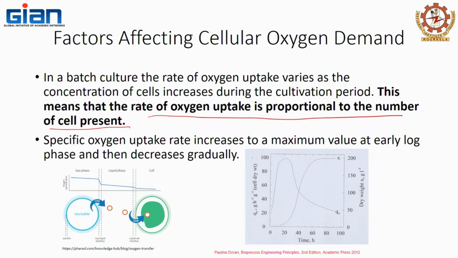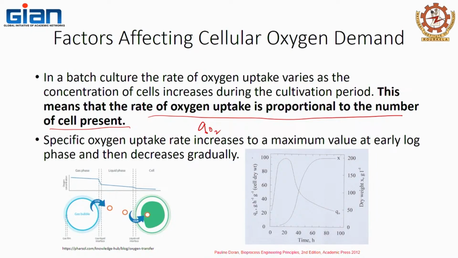So, as you are growing, the bulk of the cell mass keeps on increasing, and your oxygen demand will also keep on increasing. Now, the specific oxygen uptake rate, QO2, increases to a maximum value at early log phase, and then it decreases gradually.